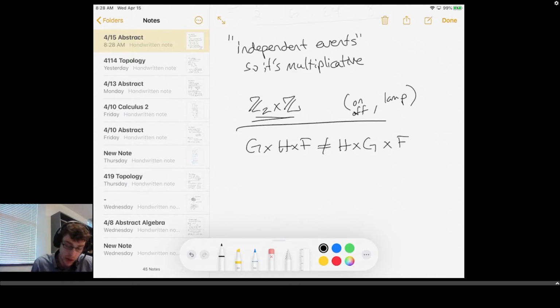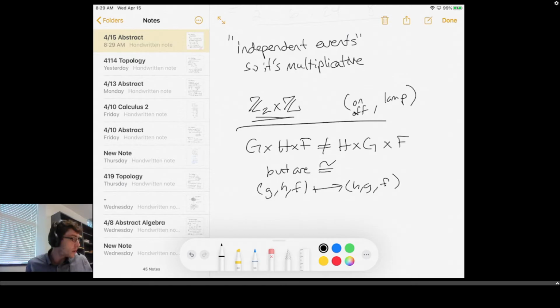If they're the same group, then yes. But they are isomorphic. Basically your map there would be GHF goes to HGF. It's basically the same as 6.3, except you have this last coordinate that stays there and hangs around and does nothing, because you didn't change anything in your third coordinate.